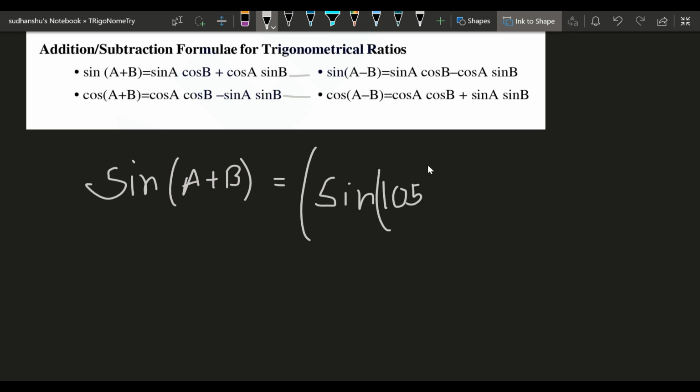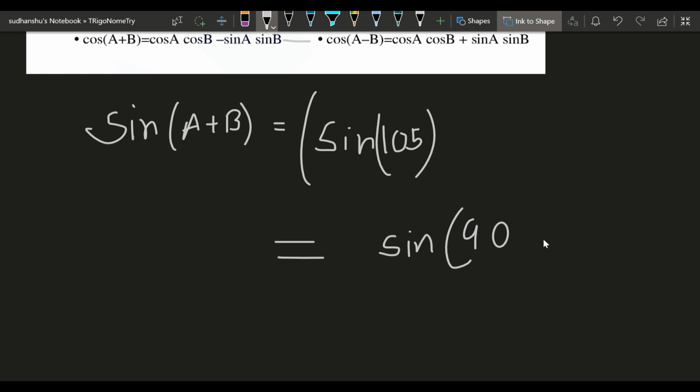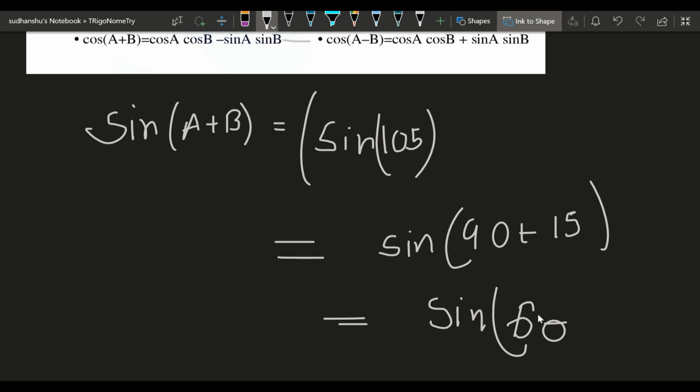So see, this is quite difficult to find sometimes. You can also apply the ASCT rule here, but it's going to be very difficult. So one thing we can do is convert it like this: sine of 90 plus 15, or we can also write it as sine of 60 plus 45.